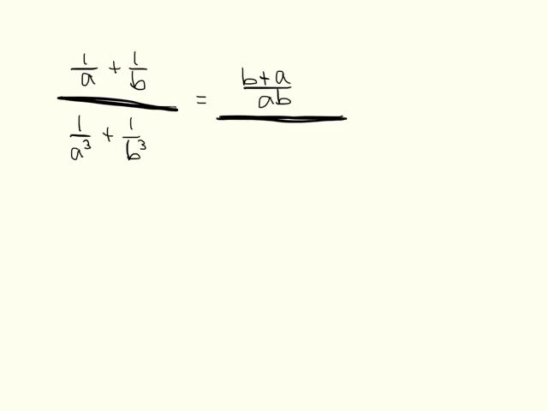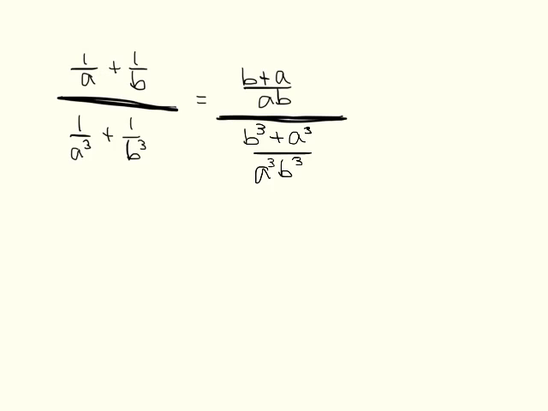On the bottom, when we take 1 over a cubed plus 1 over b cubed, we end up getting, let's see, b cubed plus a cubed over a cubed b cubed.